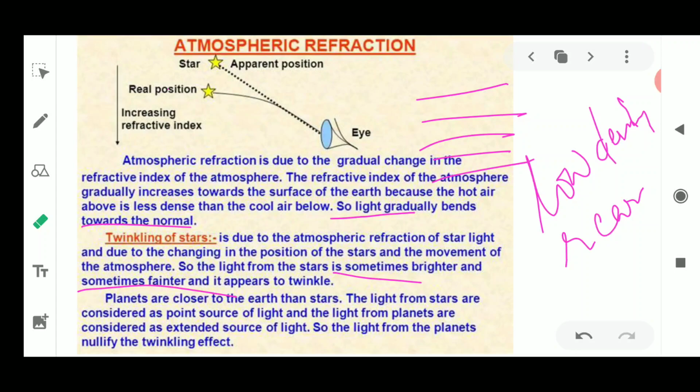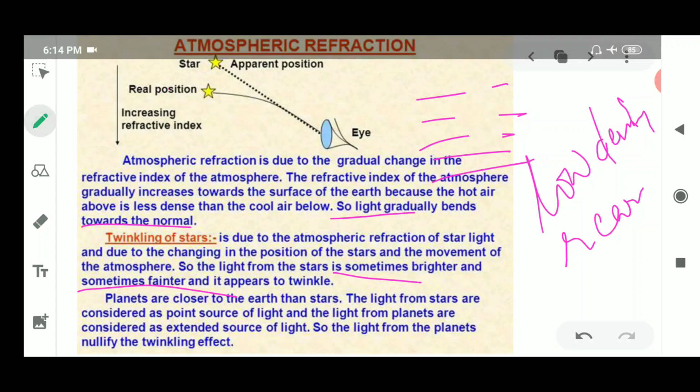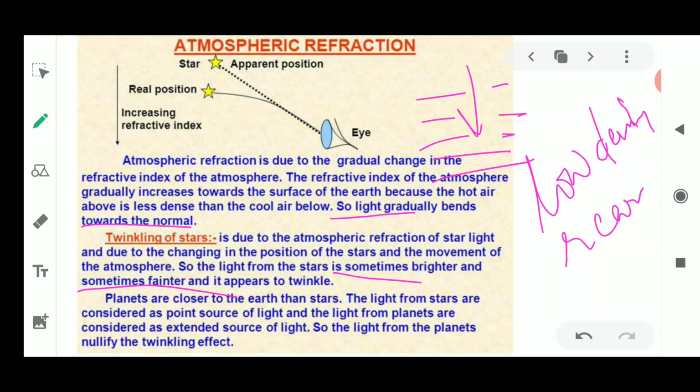So when the light ray is passing through the layers of this atmosphere, the above layer is lower in density, and the lower layer is highly dense.